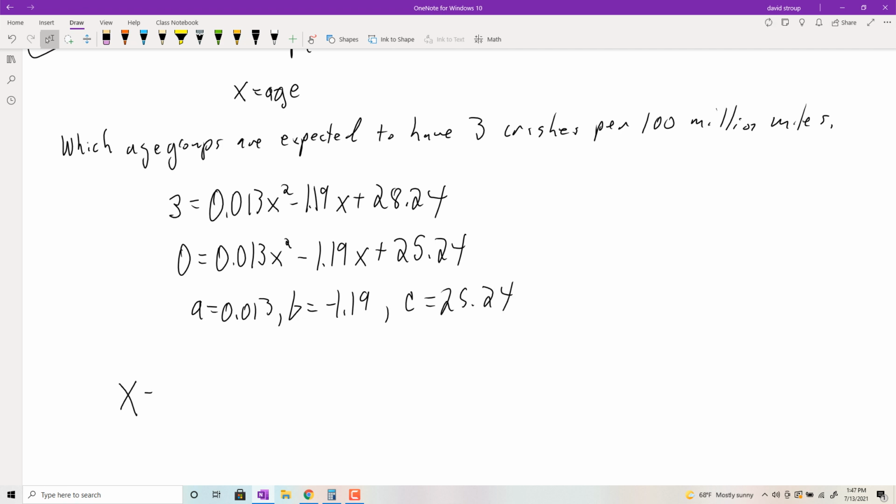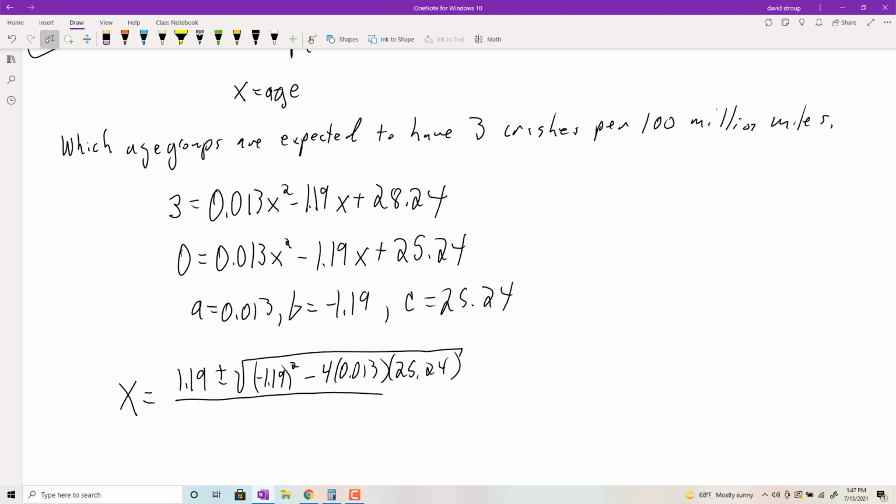So x will equal negative b, so positive 1.19, plus or minus the square root of b squared, which I don't know off the top of my head, so I'll just leave it like that, minus 4 times a times c, all over 2 times a, which I can do in my head.